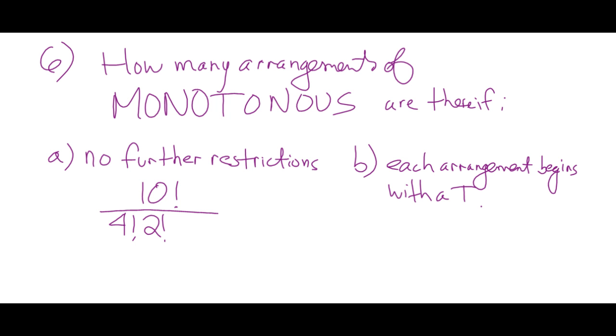Toss it. Okay, what's the answer then? There's no T in there. Okay, so the T is gone. So you have 9 letters remaining, of which 4 are O's. So you divide by 4 factorial. And 2 are N's. So you divide by 2 factorial. So it's 9 factorial over 4 factorial, 2 factorial.